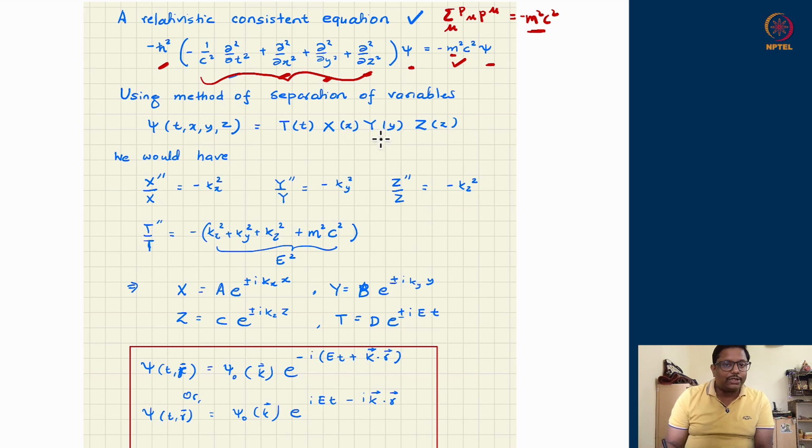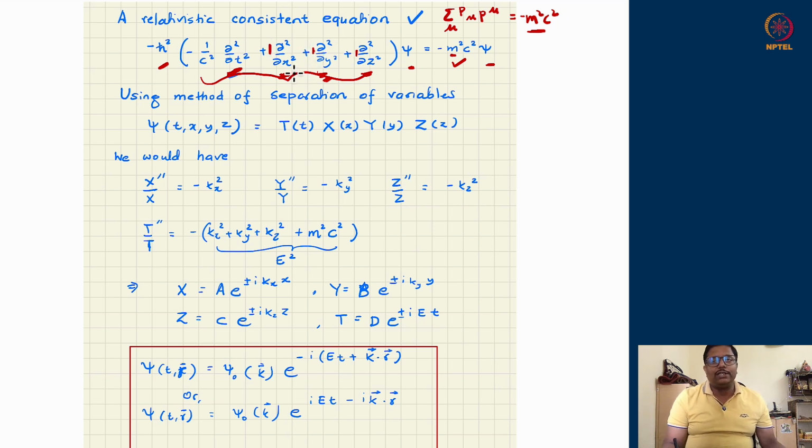Now looking at the structure of this differential equation, the double derivatives with respect to time, x, y, and z have appeared separately. There are no mixed derivatives like del t del x or del x del y. And also the coefficients of all these double derivatives are constants: 1 over c square over here, 1 over here, 1 over here, and 1 over here.